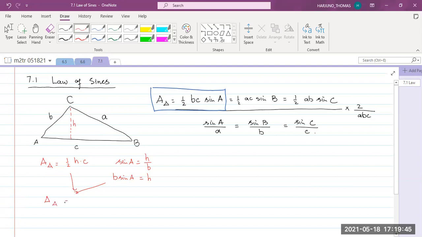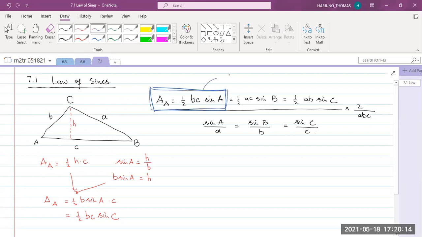The area of a triangle equals 1/2 B sine A times C, or 1/2 BC sine A, 1/2 of the product of two sides times the sine of the included angle. That's how we get this formula here.